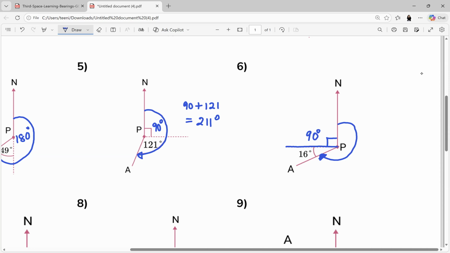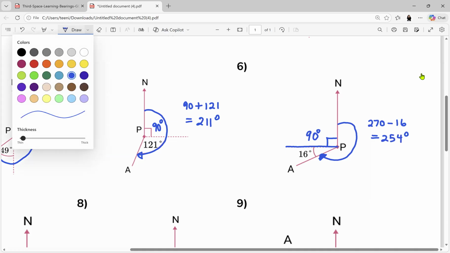So to find what this angle is, this angle plus 16 gives me 270. So I can simply say 270 take away 16, and that would give me the bearing. 270 take away 16, which is 254 degrees. That's one way to do it.